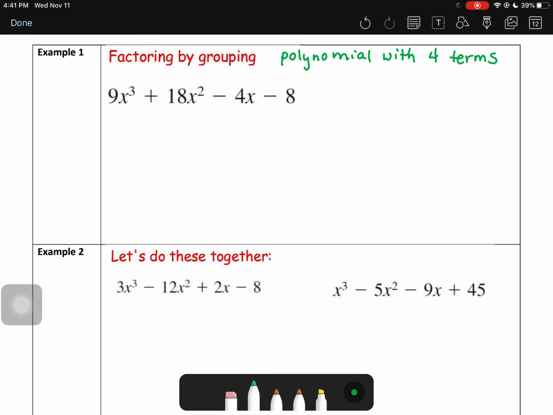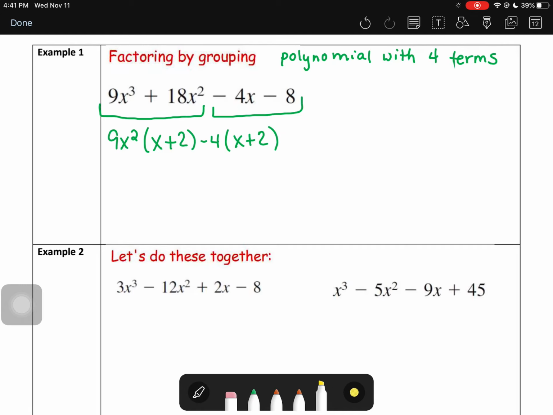So the method would be finding the greatest common factor for the first 2 terms. Then when we divide, we get x plus 2. Finding the greatest common factor for the next 2 terms, which would be -4.